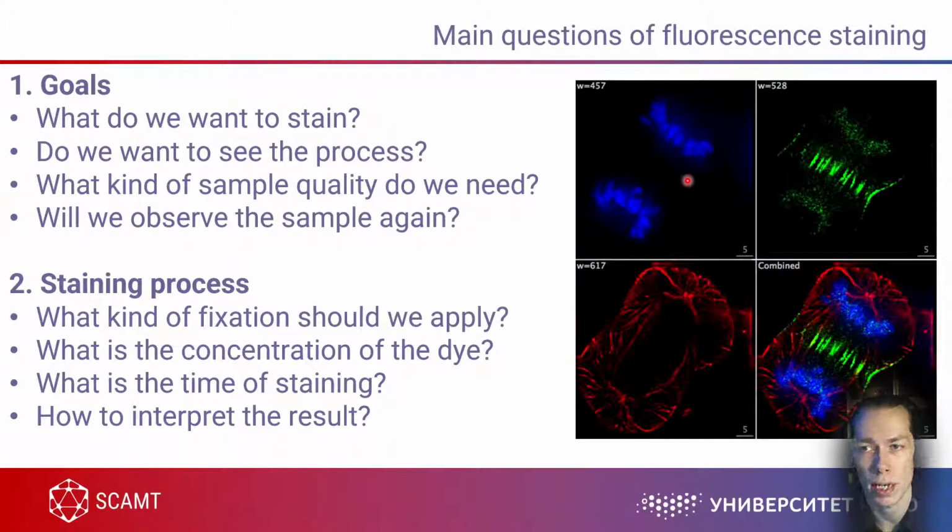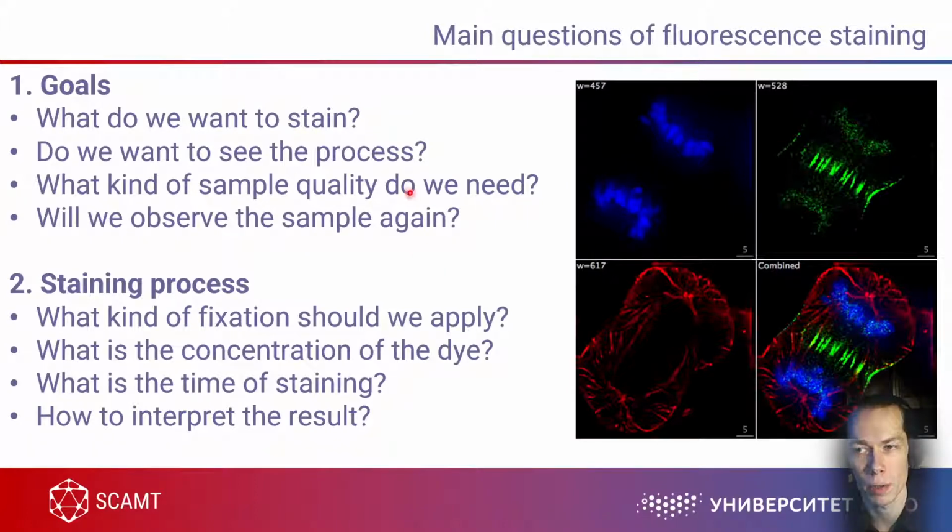The main question, one of the most important, is: what do we want to stain? There are a lot of different options. You can stain, for example, different centrioles, like shown here, different chromosomes or cytoskeleton. You can combine these images to observe a whole picture of cell division, for example, which is some kind of process.